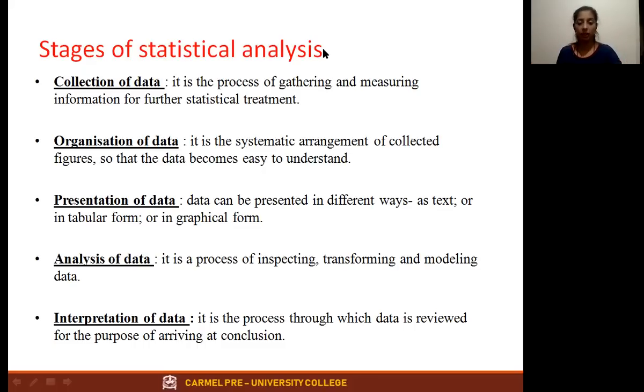That is what organization is. Next is presentation, then analysis: analyzing, examining, inspecting, transforming and modeling the data, and lastly concluding by giving the solution.